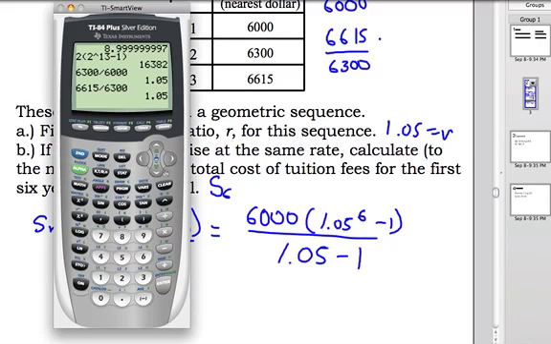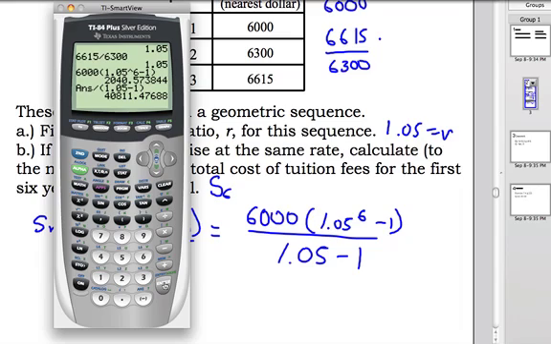So let's try and type that into the calculator. Let's do it this way. 6,000 times 1.05 to the power of 6 minus 1. I'm just going to take all the numerator first. This equals, then I'm going to divide by 1.05 minus 1.